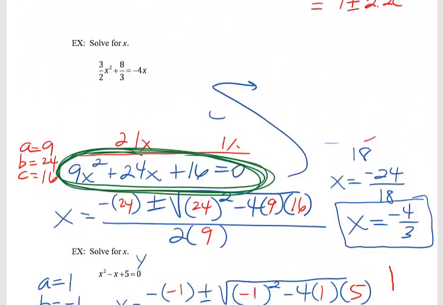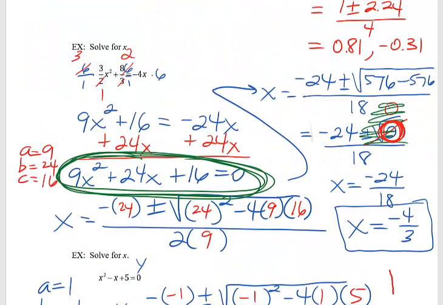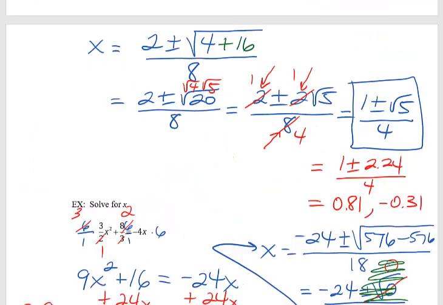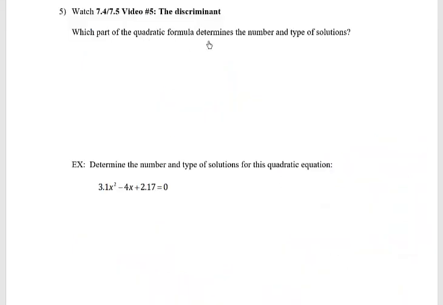In the very first example, the one that came out, I suppose, the most normal, why did that happen? That happened because the number in the square root was just a nice positive number. Nothing funny happened. We ended up with two solutions. Well, let's see if we can summarize that information. What part of the formula determined how many and what kind of solutions we got?